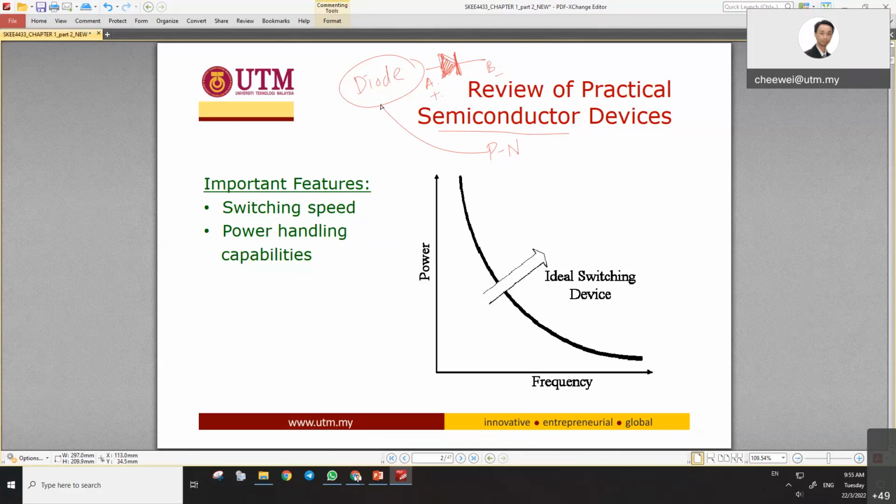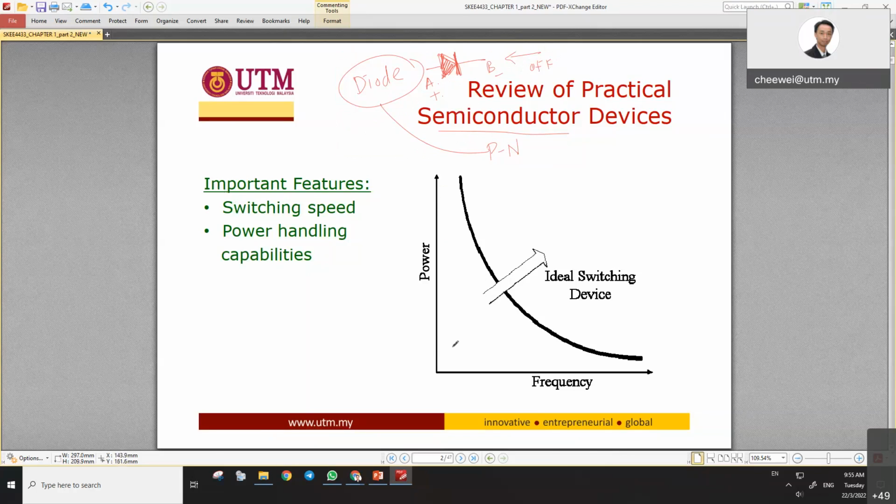The diode function is to allow unidirectional flow of current, from anode to cathode. Can I flow the current from B to A? No, so it's off. If I go from A to B, it will be on. So this is a diode. It allows a single way of flow for the current.